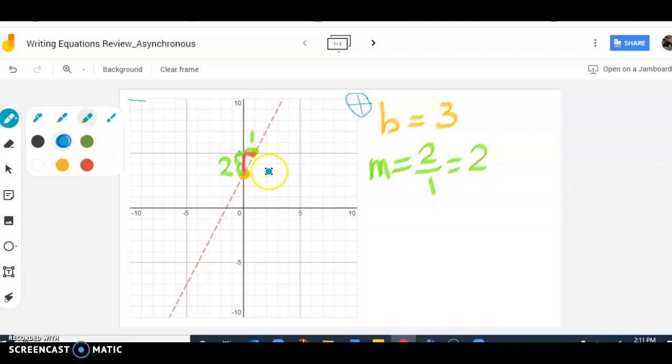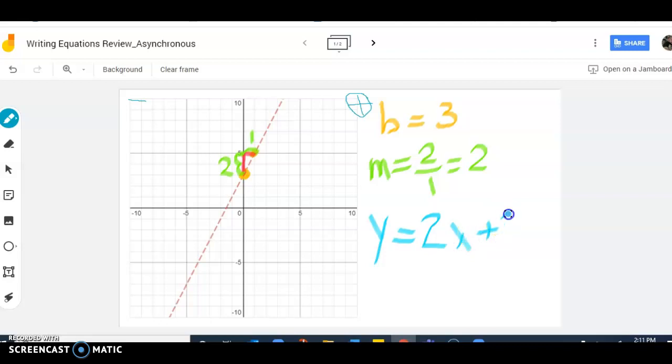So if we go and write our equation, we should get y equals, instead of the letter M, I'm going to put the number 2, x plus 3. And I'm going to go ahead and circle my slope, put a box around my intercept.